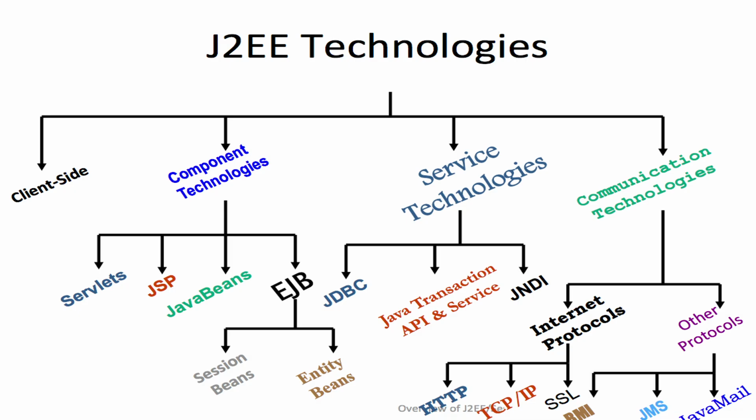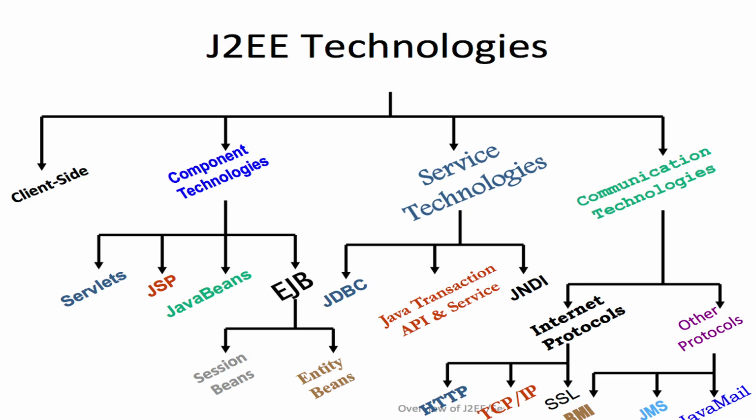So we are in the era of J2EE technology, where we have lots of technologies, and collectively these technologies develop any software, and it has a number of features, and we can benefit from these features. Suppose we require Java Messaging Services, to send a message from our software.